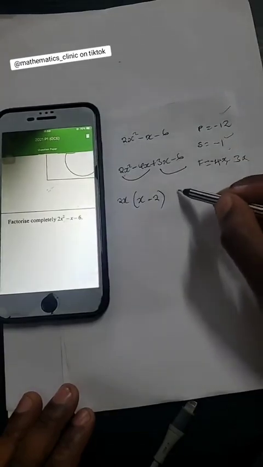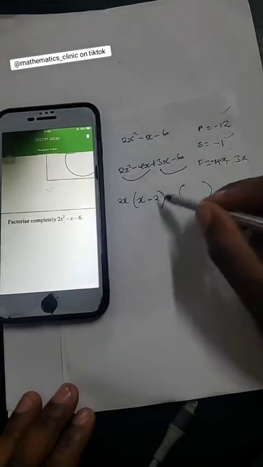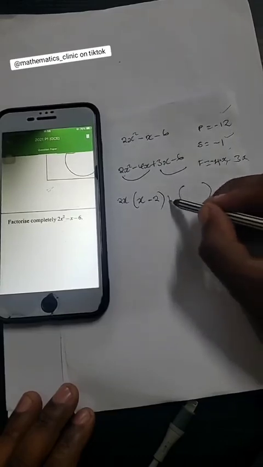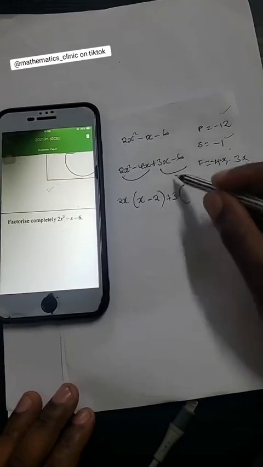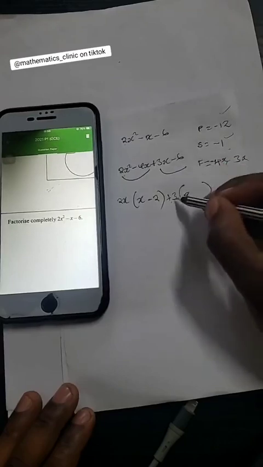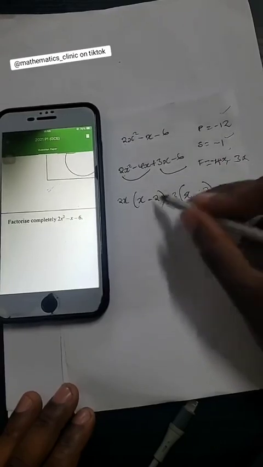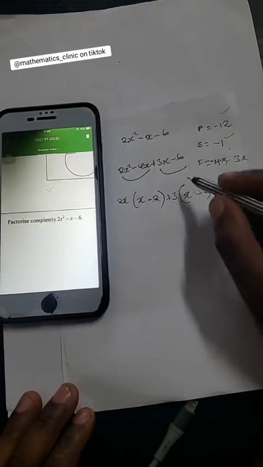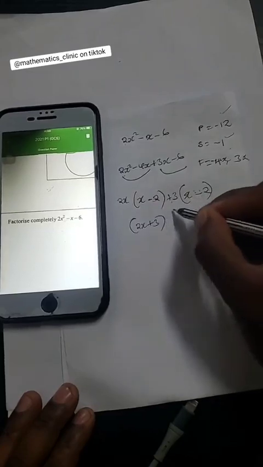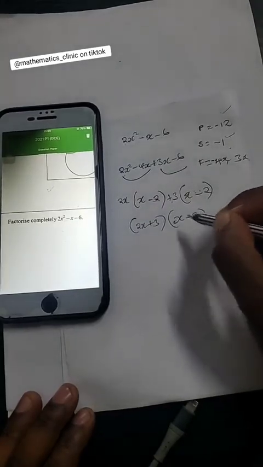We should make sure that in the other bracket we have the same thing. So I factor out 3, which is positive 3. 3x divided by 3 is x, negative 6 divided by 3 is negative 2. I have to keep the brackets the same every time. Then what is outside, I should put in one bracket. Then I can pick any of those twin factors.